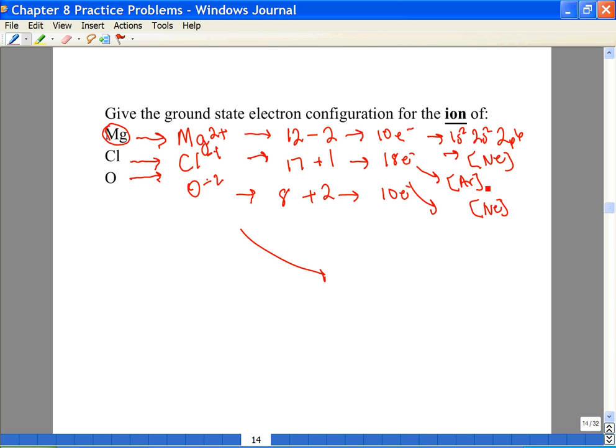So this is a shorthand notation, but if you write the ground state electron configuration for the ions, this one is for the magnesium ion. You could write it out, or you could write the shorthand notation. And I have written the shorthand notation for the chlorine ion.